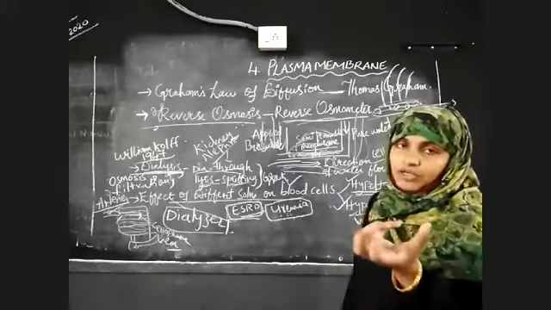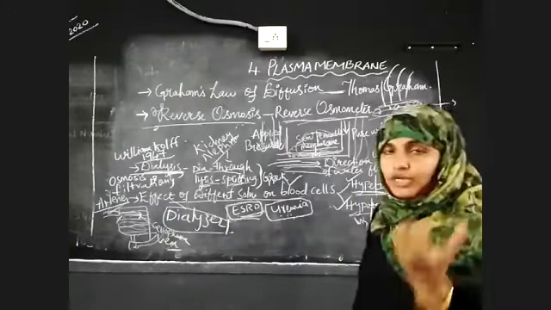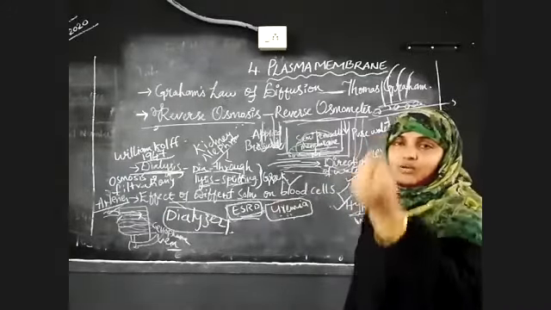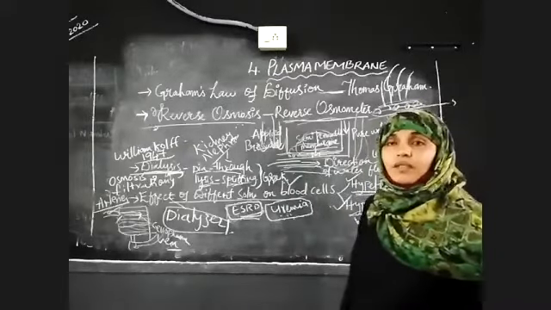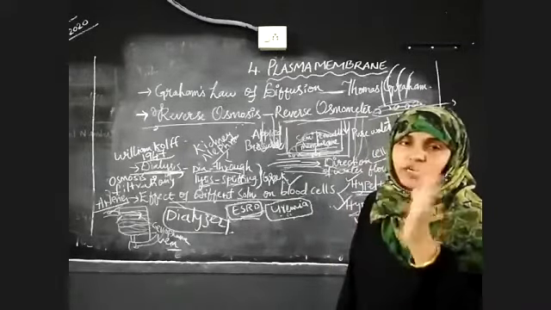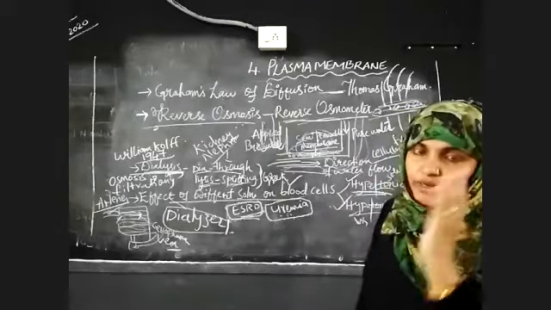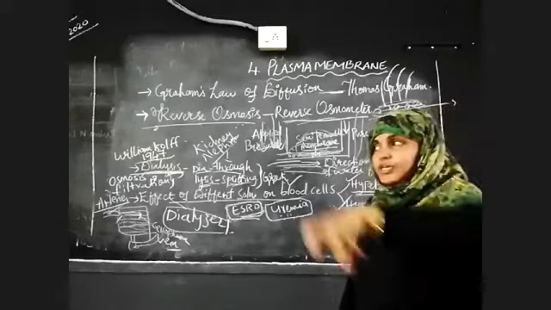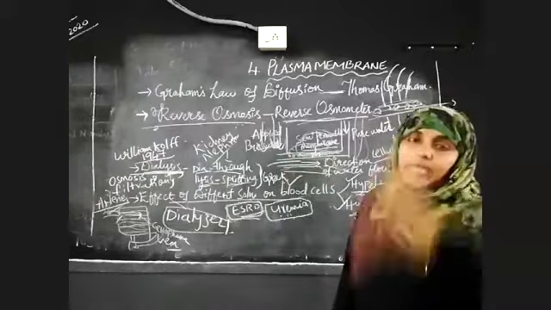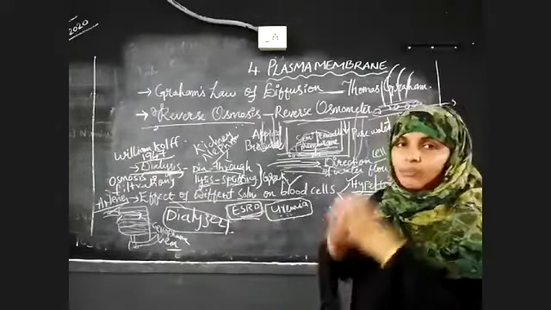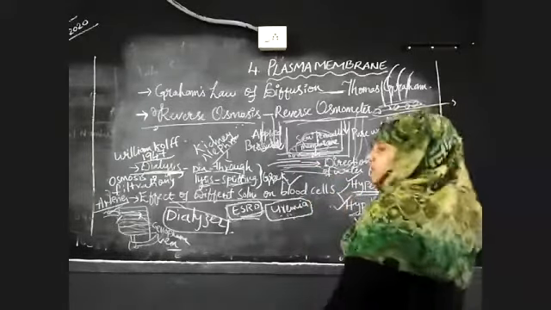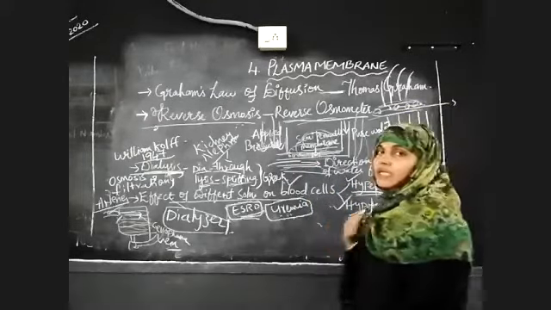In hypertonic, highly concentrated solution, they lose water, undergo shrinkage and die. In hypotonic solution, they absorb water, with movement of solvent from low concentration to high concentration across the permeable membrane, and they bulge, burst and die. These are the two consequences we are seeing here.